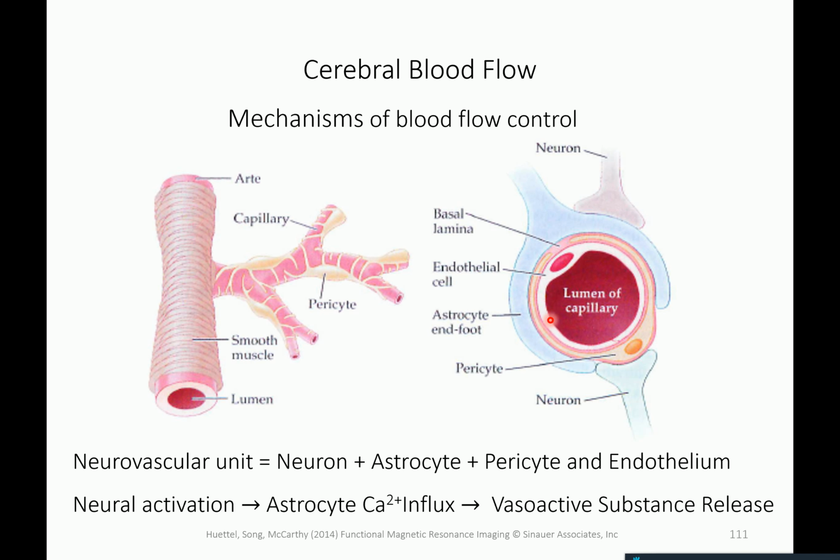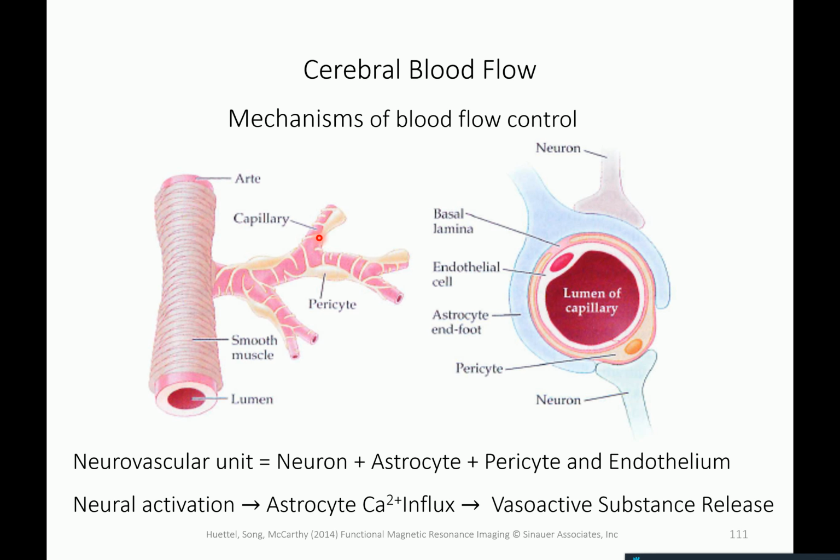And then one way that regulation can happen here is that neural activation leads to an increase in the calcium influx, which then from the astrocytes leads to a release of vasoactive substances, which in turn influence the pericytes here, which you can see here. That's what I meant by sparsely located smooth muscle cells, being able to change locally the diameter of the capillary. Well, so that's the idea of a neurovascular unit.